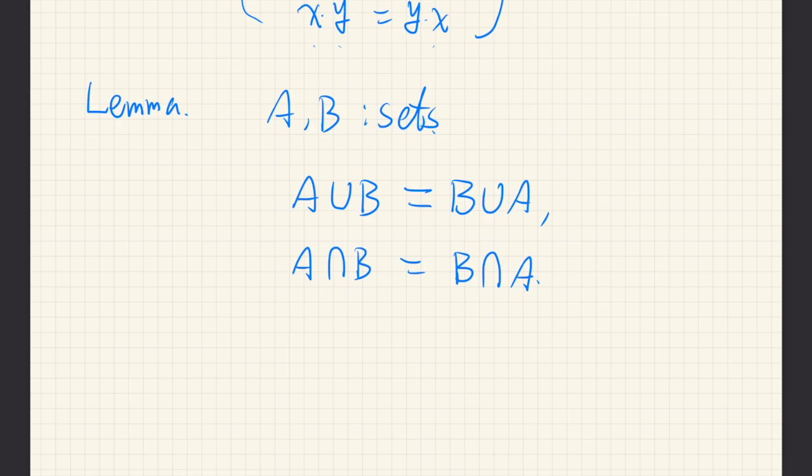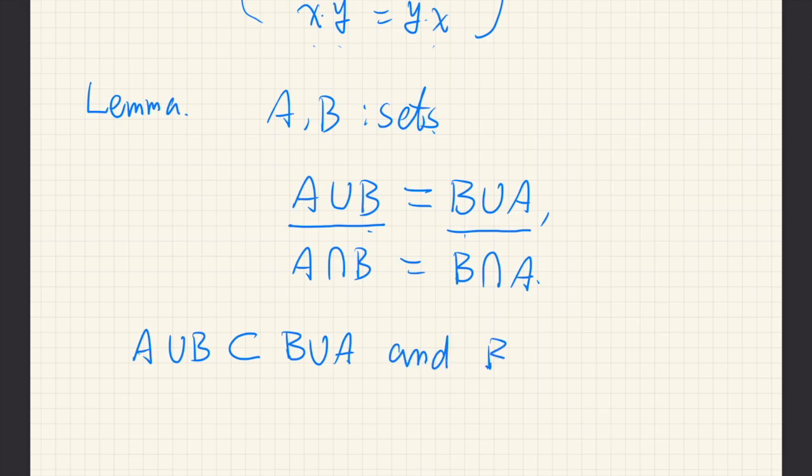Before proving that, let's recall what we mean by two sets being equal. Okay, so here A cup B is a set and B cup A is another set, and they are equal. So let's go back to the definition of the equality between two sets. That means A cup B is a subset of B cup A, and B cup A is a subset of A cup B. So one of them is a subset of the other, and vice versa.